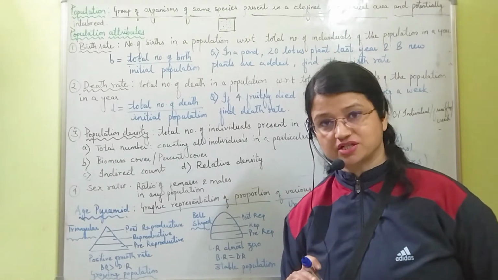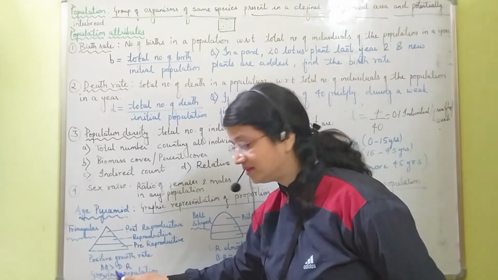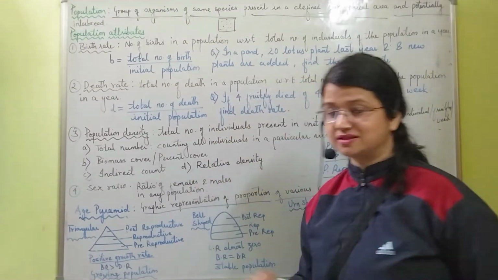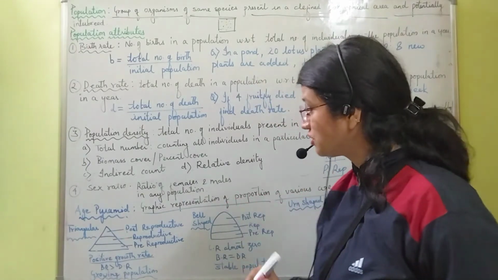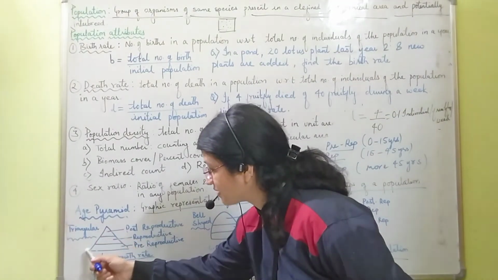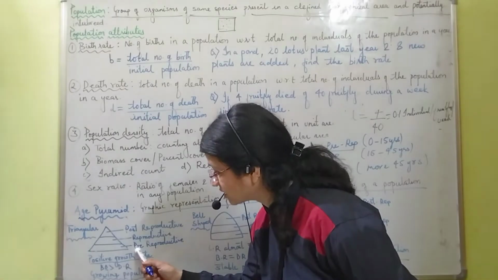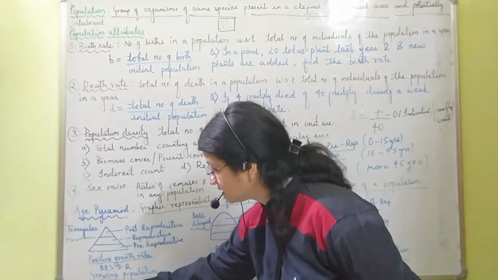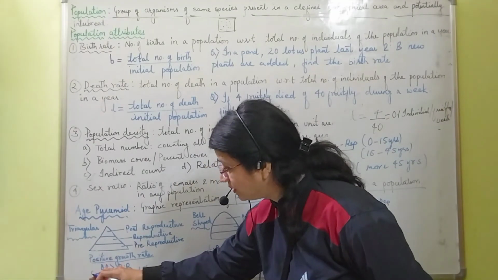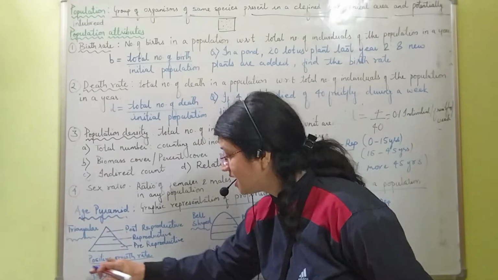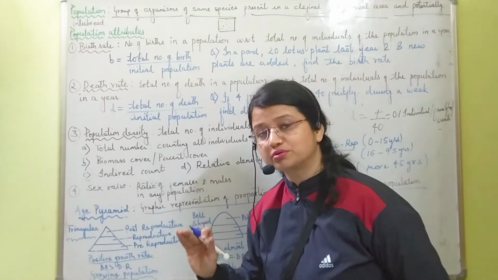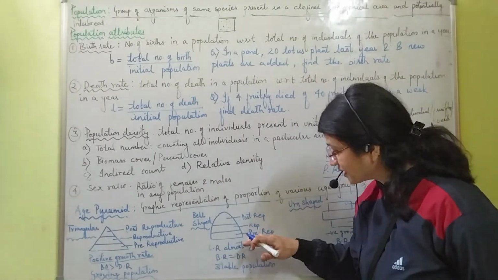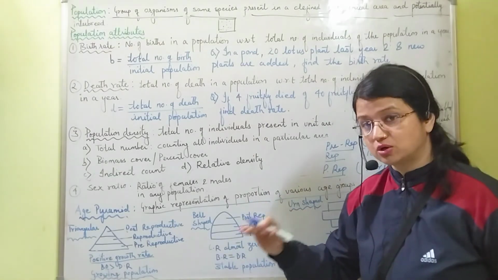In a growing population, birth rate is more than the death rate, and it shows a positive growth rate. Clear?